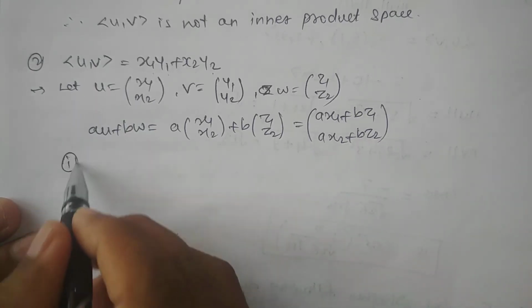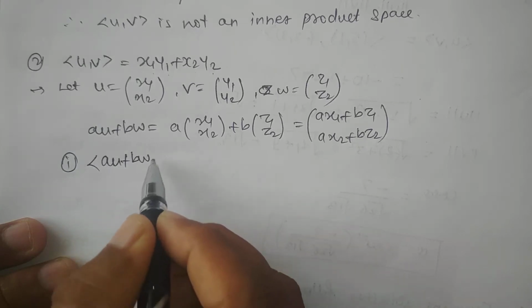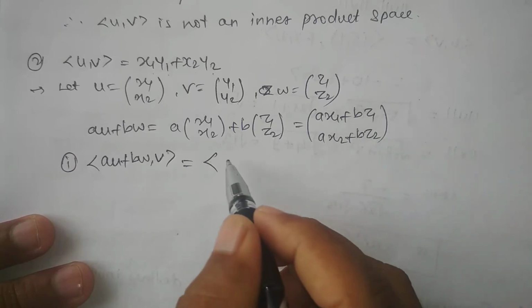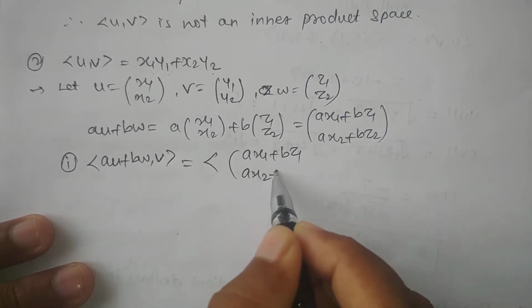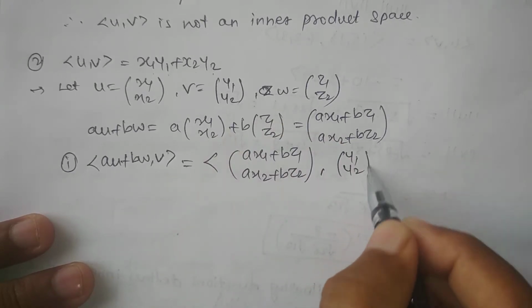We are going to check the first condition, that inner product of au plus bw comma v is equal to inner product of ax1 plus bz1, ax2 plus bz2 comma v, which is y1 y2.